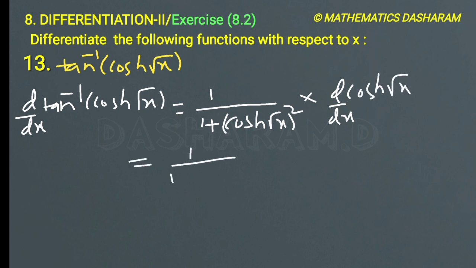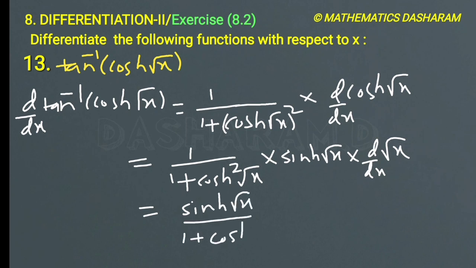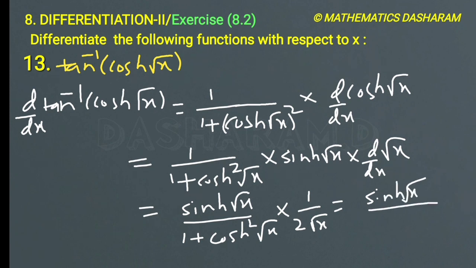It is equal to 1 by 1 plus, here we can write cos h square root x, into derivative of cos h root x, which is sin h root x, and do the derivative of another function, that is root x. Then it is equal to sin h root x divided by 1 plus cos h square root x into derivative of root x, which is 1 by 2 root x. So then the final answer is sin h root x divided by 2 into root x into bracket of 1 plus cos h square root x.